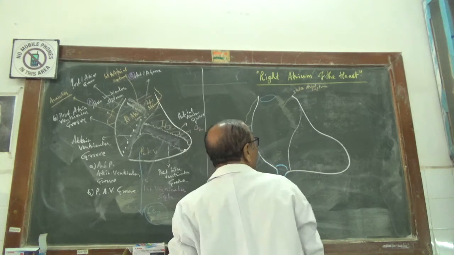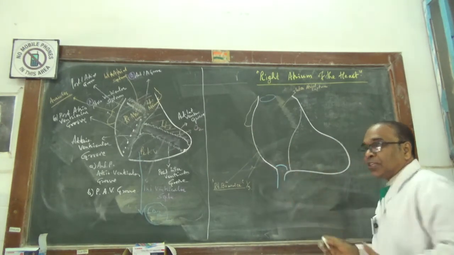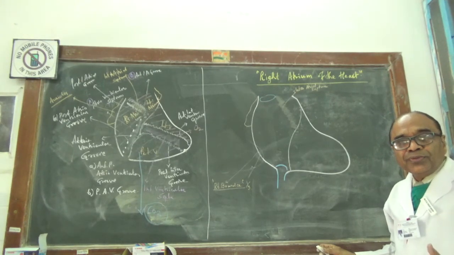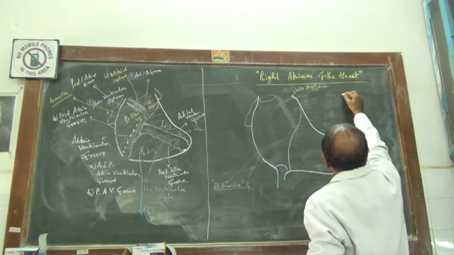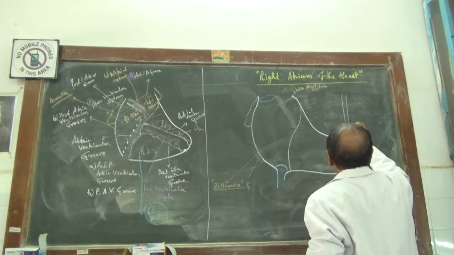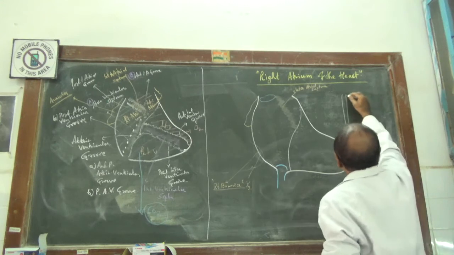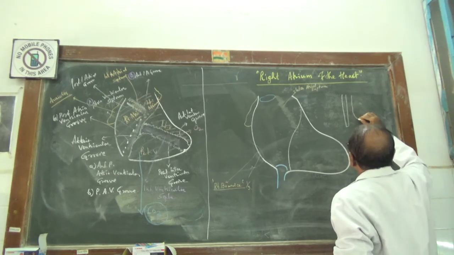Now, having that in mind, let us see the sectional part of the right atrium. There you have to consider that this is a sagittal section of the heart, including the thorax. So this will be the right atrium.